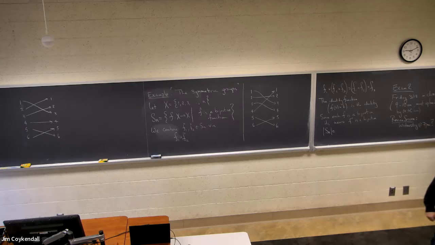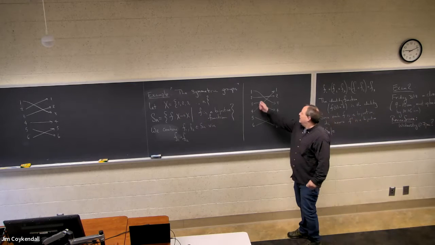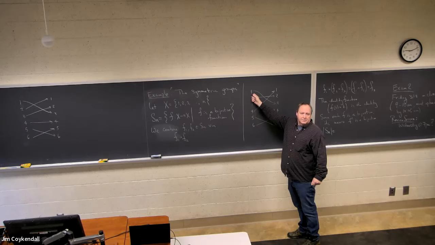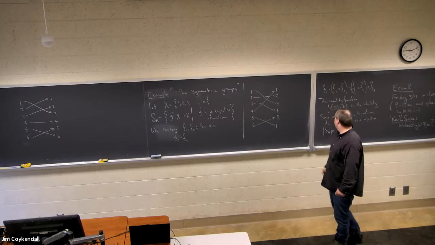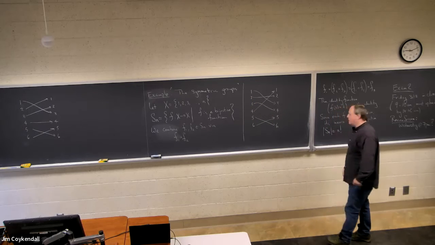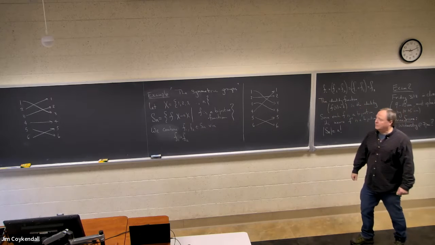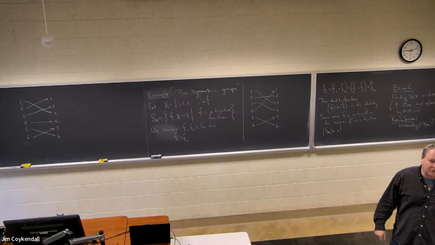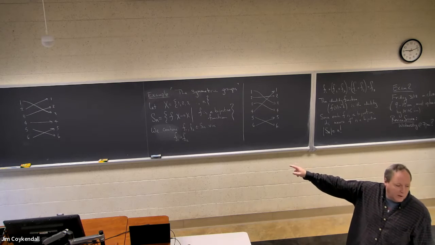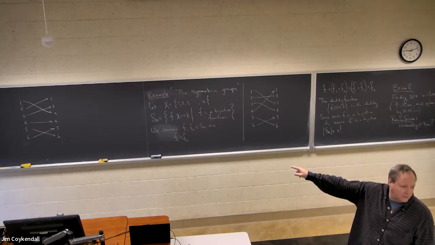How many bijections are there from n things to itself? If you think in S6, how many places could I have sent 1? Six of them. Once I've made that choice, how many places can I send 2? Five. Then 4, then 3. So it should be 6 factorial. In general, this is n factorial. There should be n factorial bijections from n elements to itself. S6, therefore, has 720 elements. I do not want to write down 720 simple little functions the way I wrote down here.